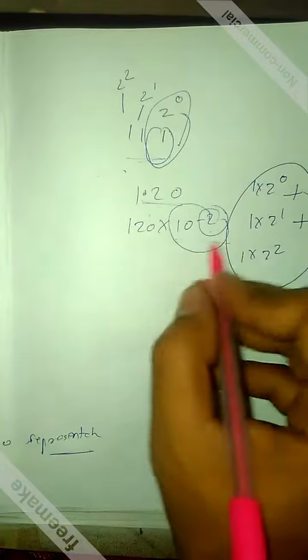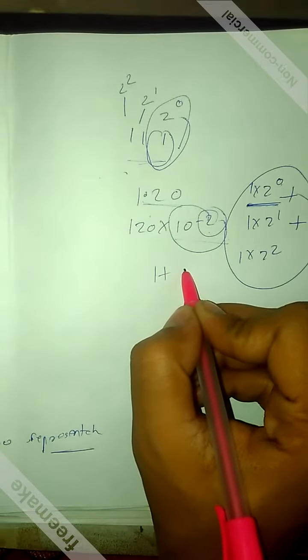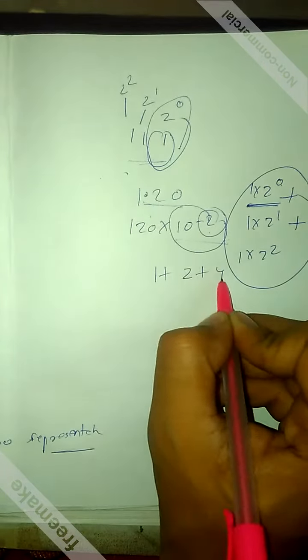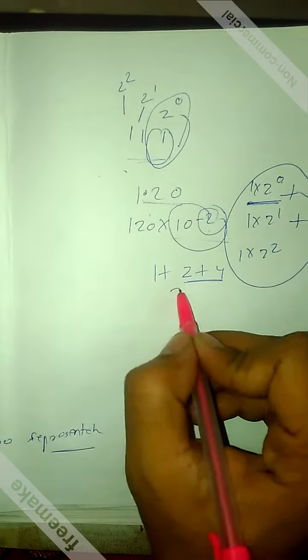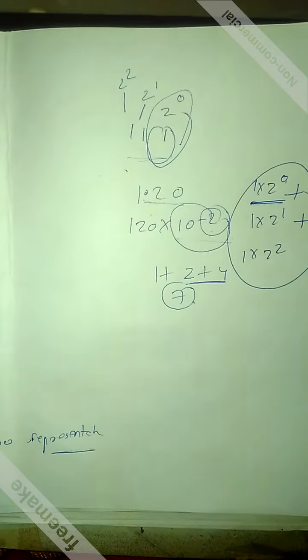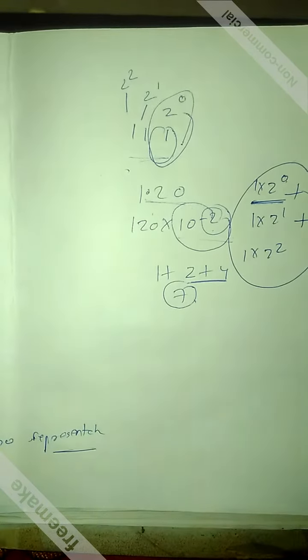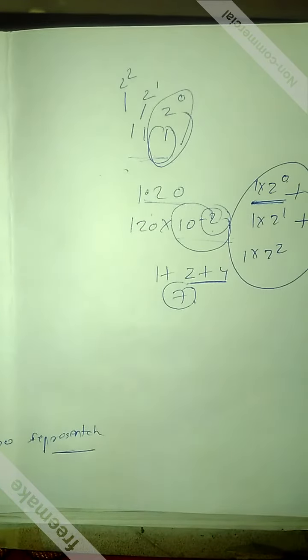This will be 1 plus 2 plus 4, which is 7. So this is the binary representation for 7.